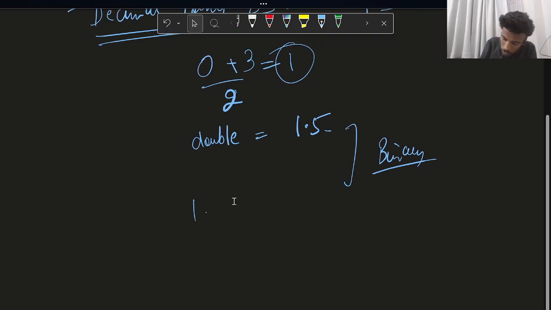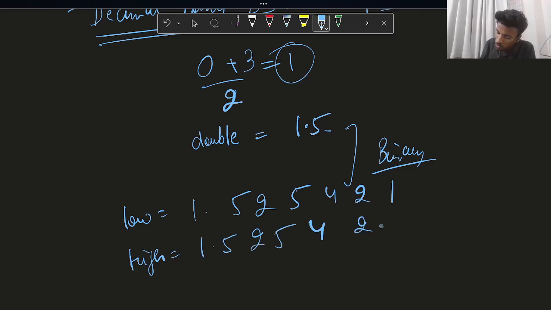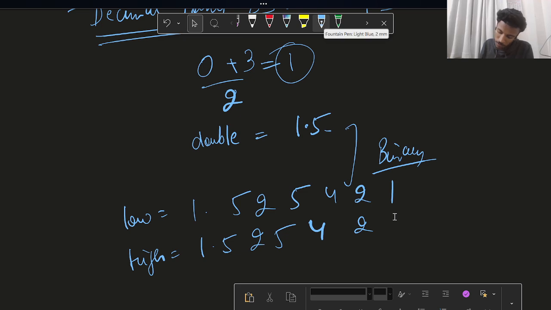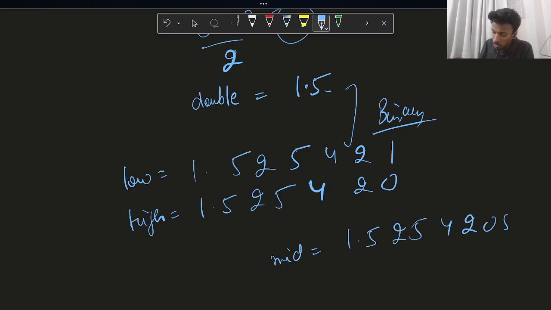Like suppose this low is 1 and your high is 1.52542. Next time the mid comes out to be 1.5254205, so one further significant digit was added.